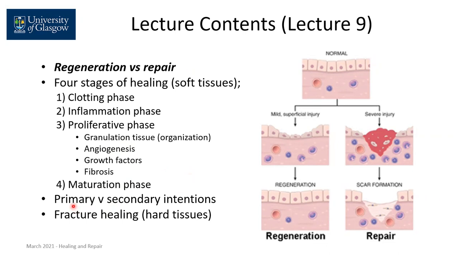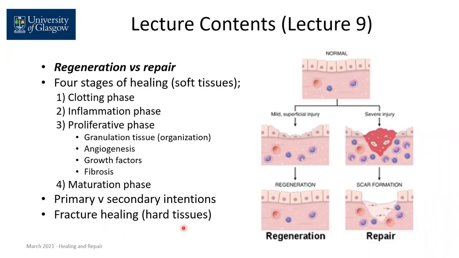We'll also touch upon this idea of primary versus secondary intentions. And this is basically just a fancy term that is used for whether your tissue undergoes the process of regeneration or whether your tissue undergoes the process of regeneration and then repair. And that is very much dependent on the severity of the injury or the severity of the infection in certain cases.